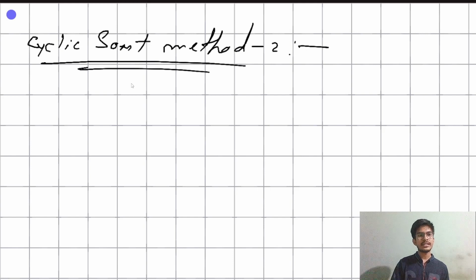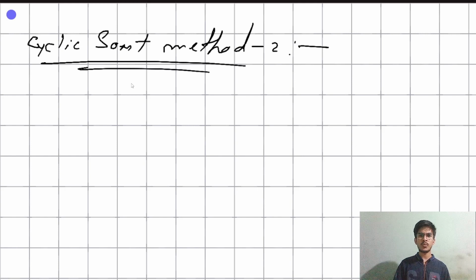In case of the cyclic sort method 2, there's no specific range, but the list should be small. It cannot work efficiently for larger values, for a larger number of items in a list.